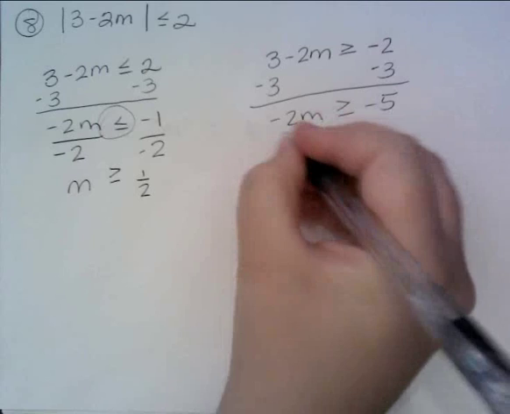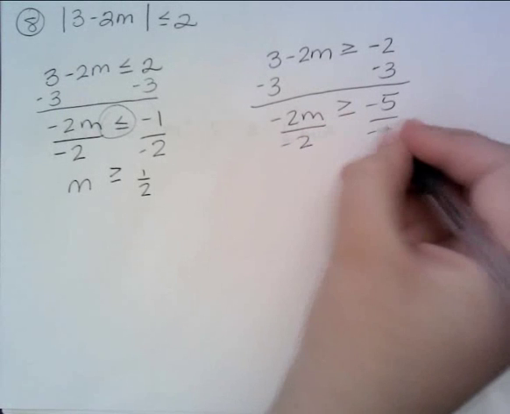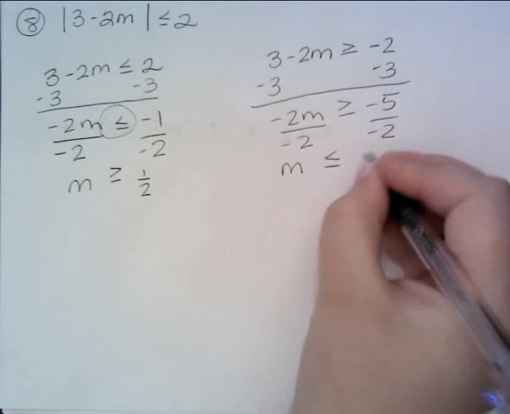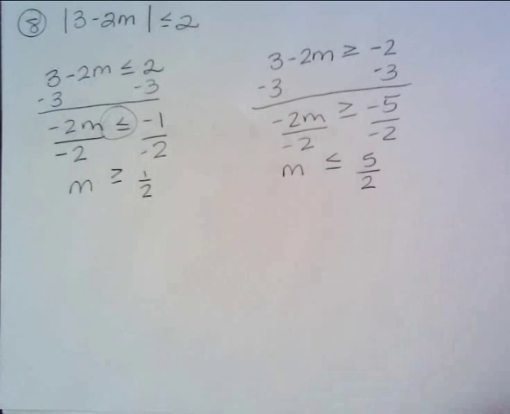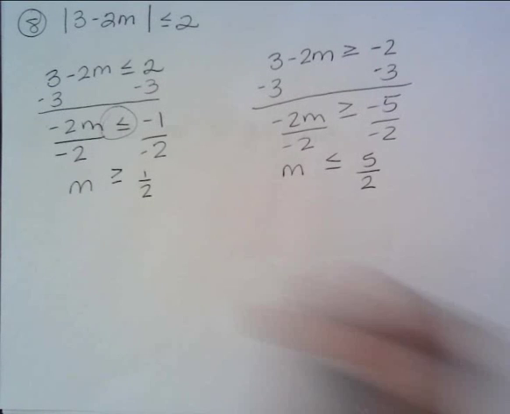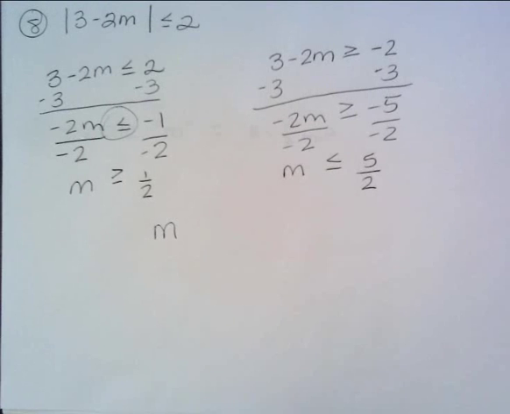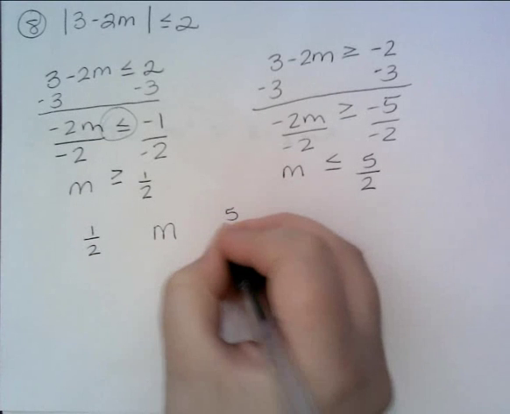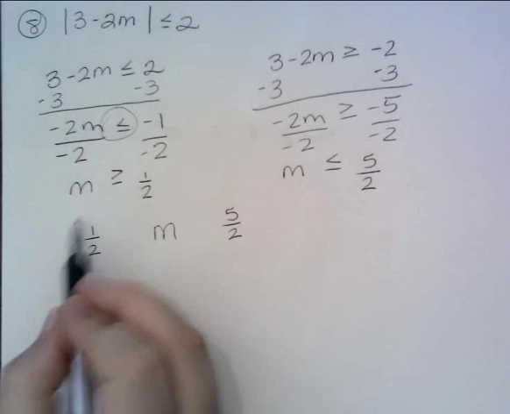Okay. So now we had a 1/2 and a 5/2. Okay. I put 1/2 on this side because 1/2 is the smallest number. And then I put 5/2 over here because it is the larger number. And on a number line, the smaller numbers go here and the larger numbers go here.